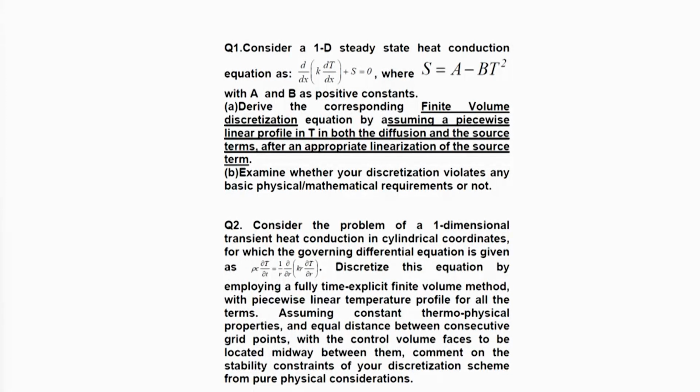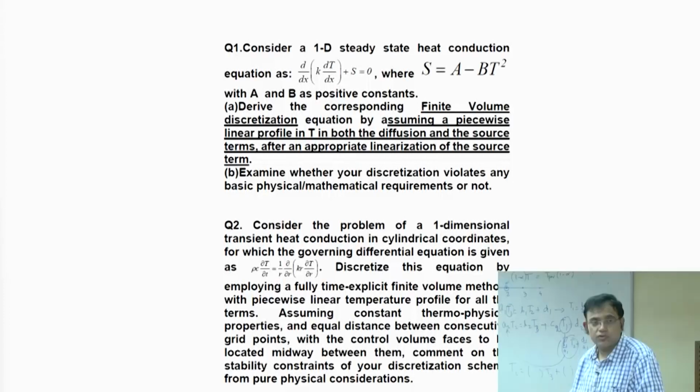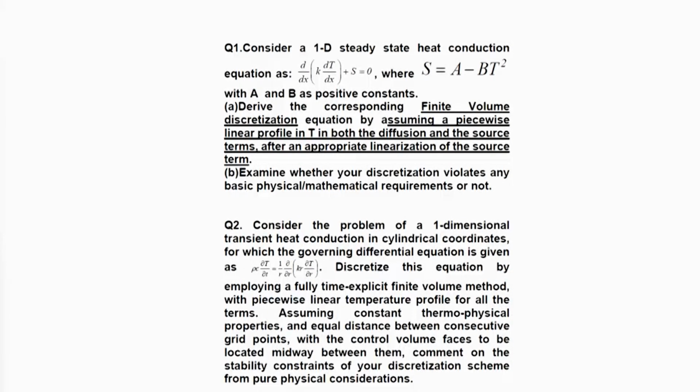So I have given two homeworks. I have made some effort from myself, so you should also make some effort from yourself, right. So two homework problems, and they are like, you have a one dimensional steady state heat conduction problem, but the source term is A minus Bt square.